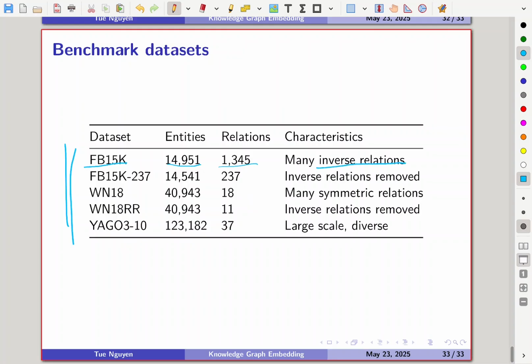Another variant is FB15K-237. It has roughly the same number of entities, but all the inverse relations are removed, and we are left with just 237 relations. And you can see there are other datasets. And this concludes my presentation. Thank you.